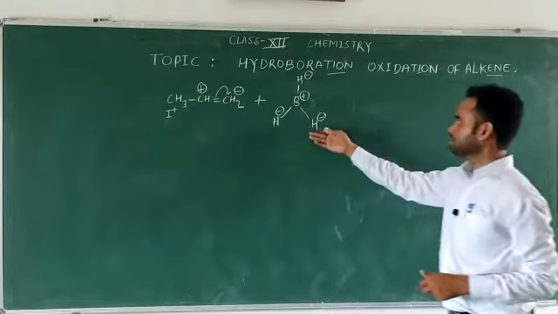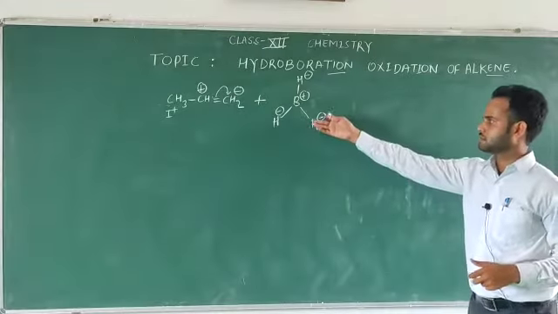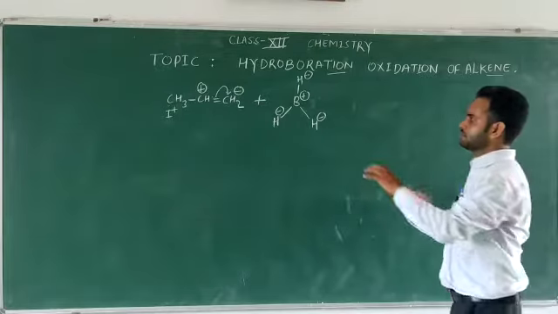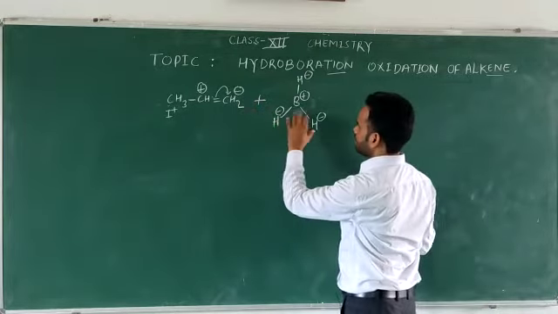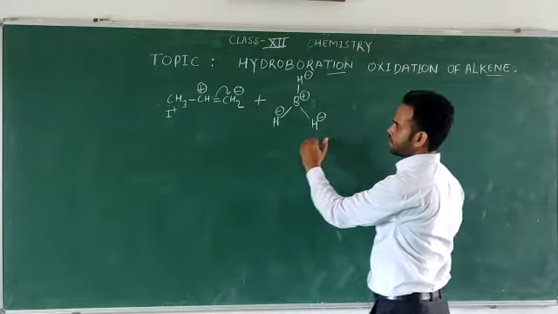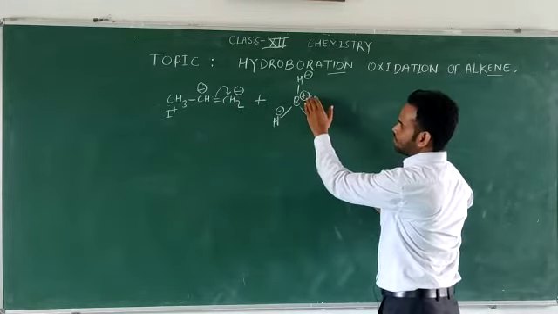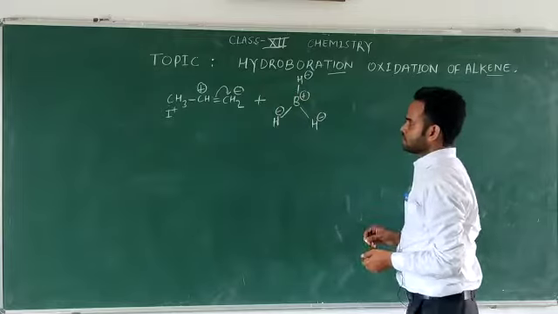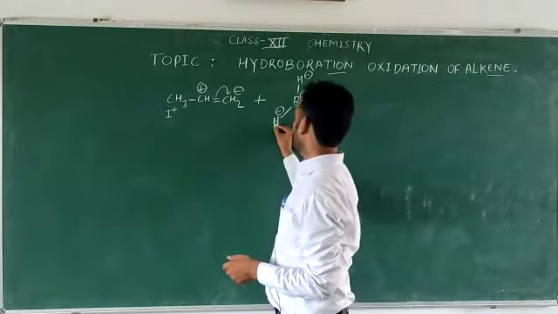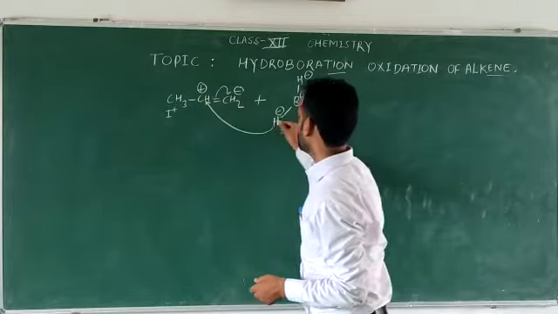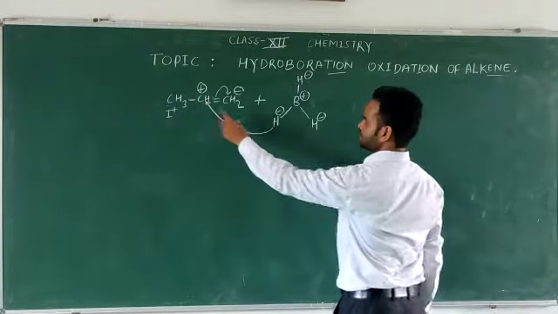So this is the reagent. We are using this reagent as BH3, that is boron trihydride, and after the two react with each other, the positive part will attach to the negative part, and the negative part will attach to the positive part. So the hydrogen atom will attach to this positive carbon, because hydrogen is negative here and this CH is positive.